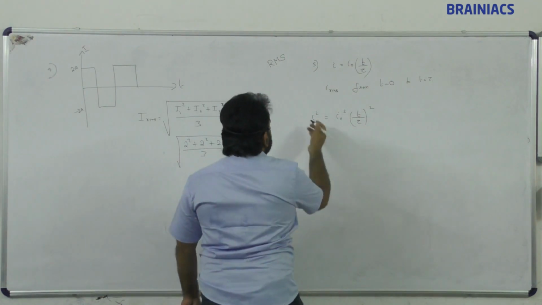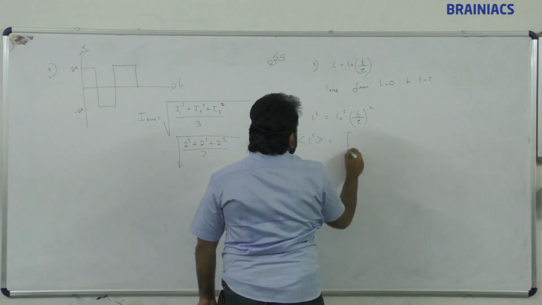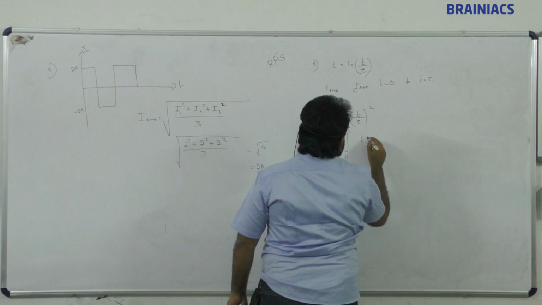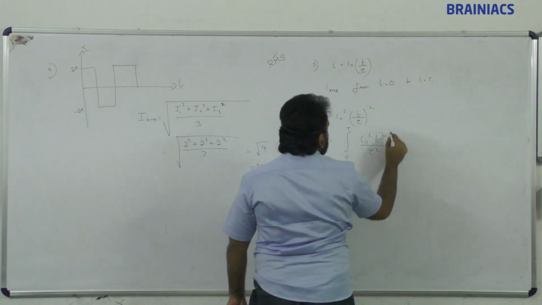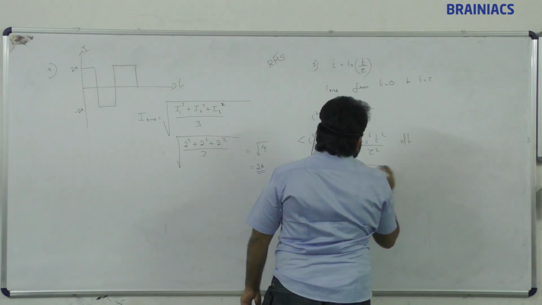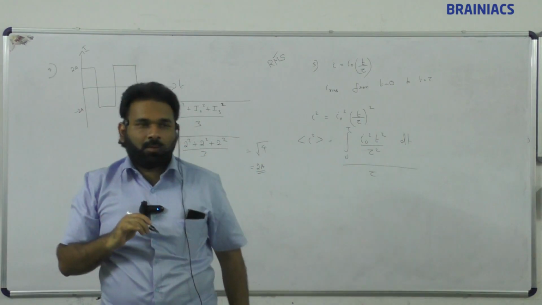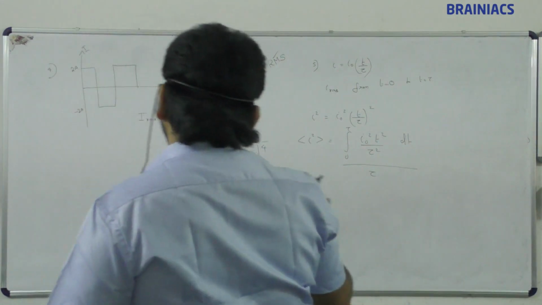Next is the mean, so taking the average, we integrate from 0 to tau I naught square t square by tau square dt over the time interval tau. Understood the method? Same basics we have followed till now.